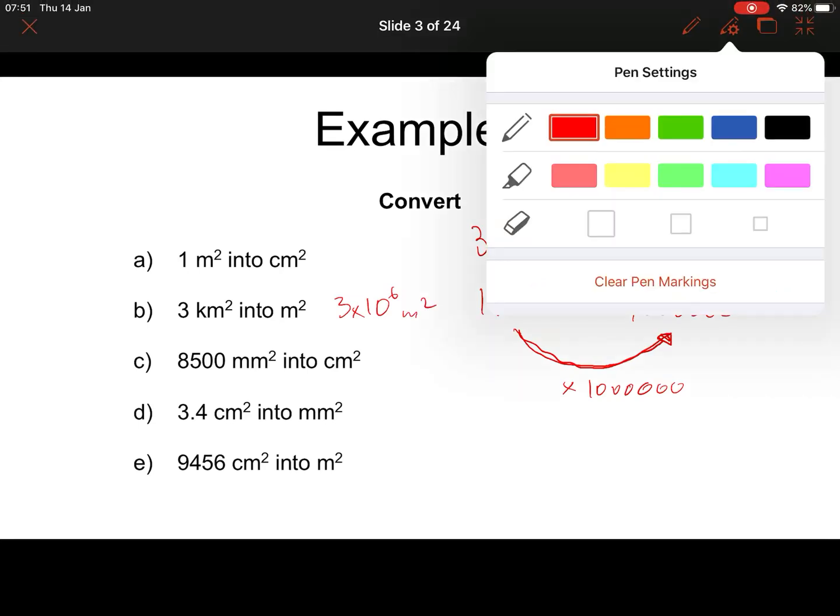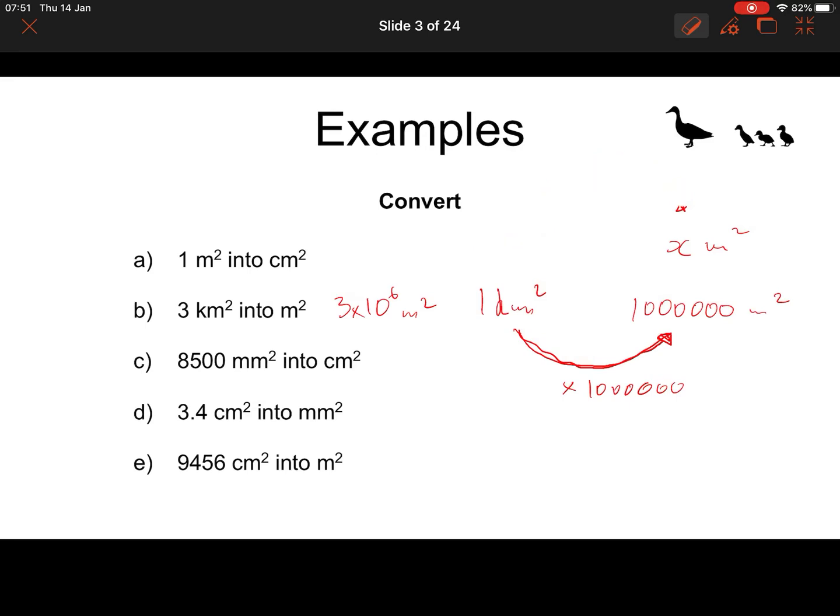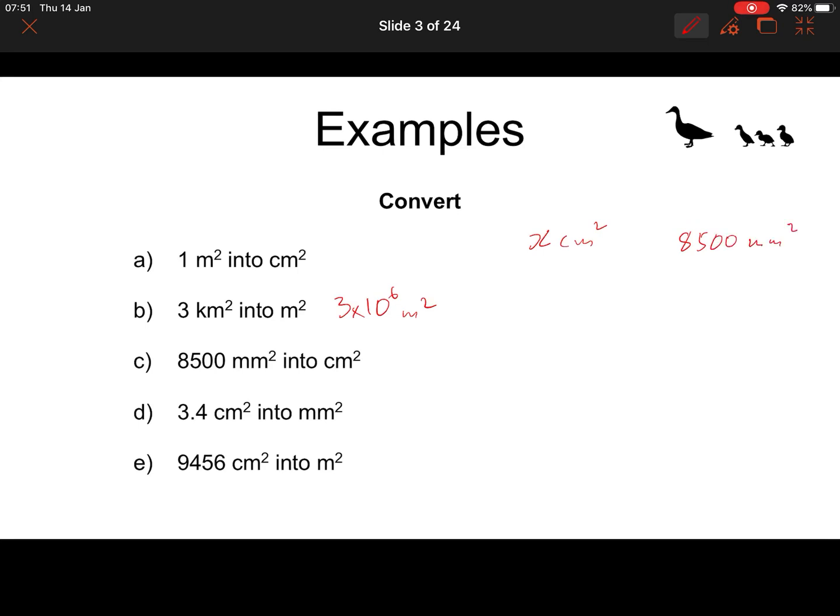Okay, let's do C as well. Remember, always write down the larger unit first. So we're going to say x centimetres squared is equal to 8,500 millimetres squared. Then underneath, write the conversion. 1 centimetre squared is equal to 100 millimetres squared.